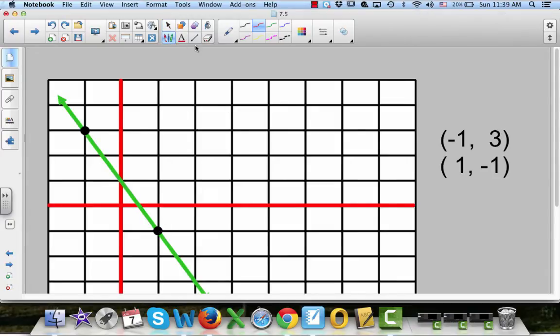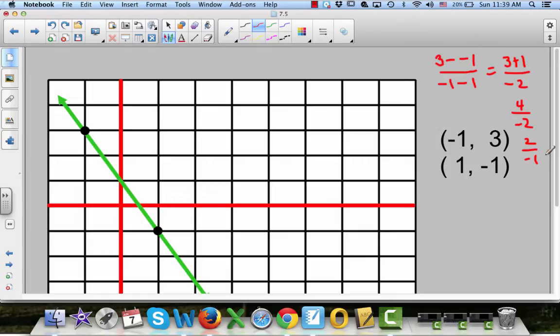So here we go. Getting the slope, we go 3 minus a minus 1 over negative 1 minus 1 gives us 3 plus 1 over negative 2, which gives us 4 over negative 2, which gives us 2 over negative 1.